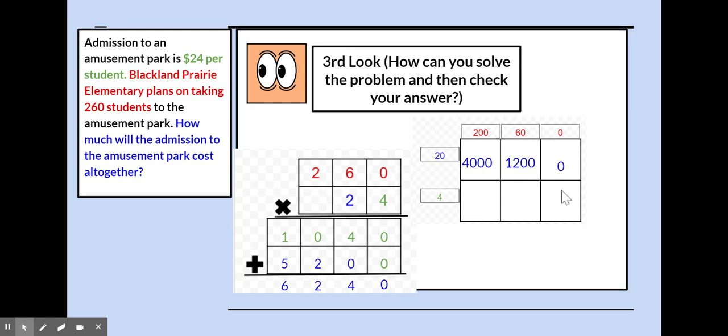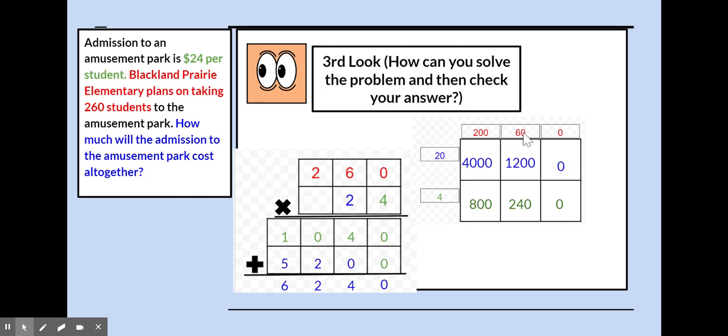Then on this next row, we're going to multiply 4 times 200, which is 800. For this box, we multiply 4 times 60, that's 240. And then we multiply 4 times 0, which is 0.